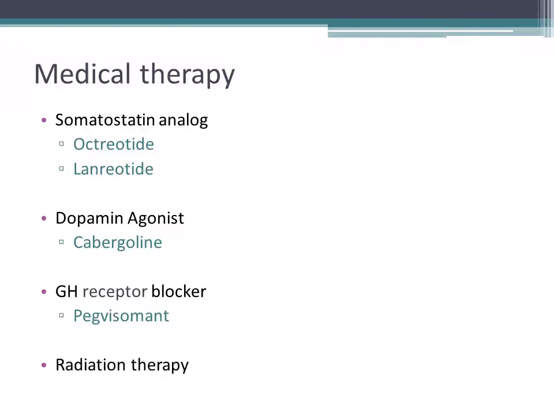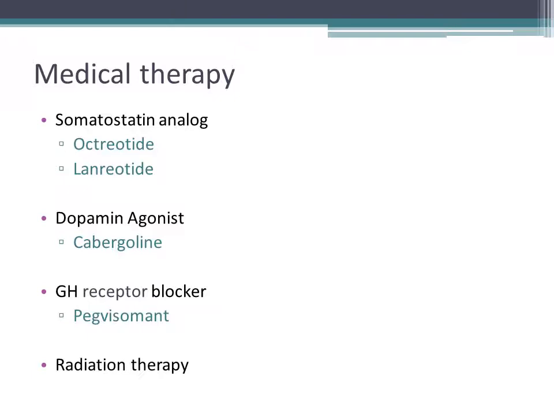Radiation therapy is somewhat a deferred option. If a patient underwent surgery and was not cured, then we started somatostatin analogs, maximized the dose, still not controlled. Maybe we can add growth hormone receptor blocker if it's available, still not controlled, then we revert to radiation therapy.